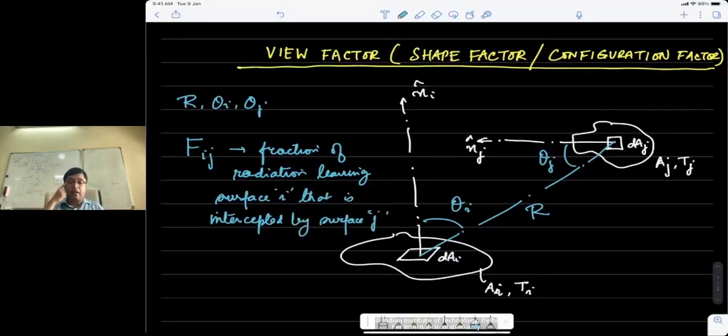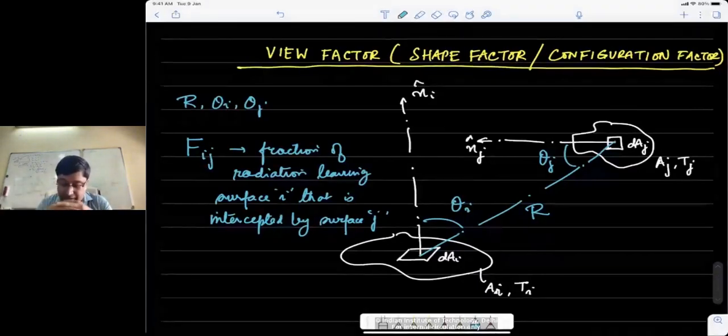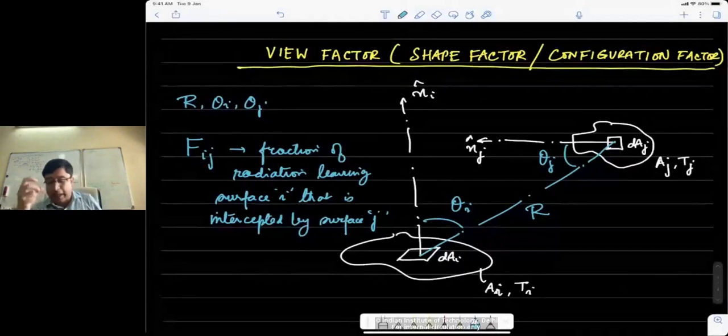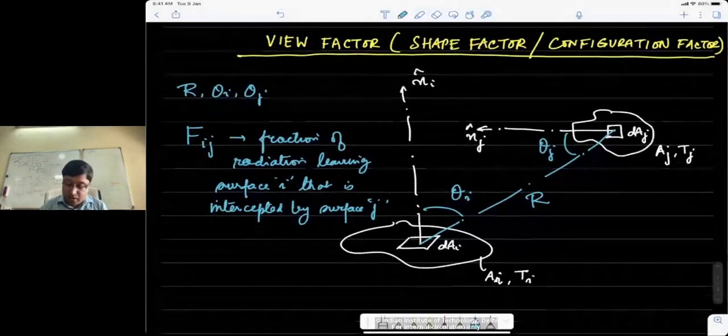So if i is emitting in all possible directions, Fij denotes out of the entire amount of radiation leaving surface i, how much is intercepted, or captured, by surface j.